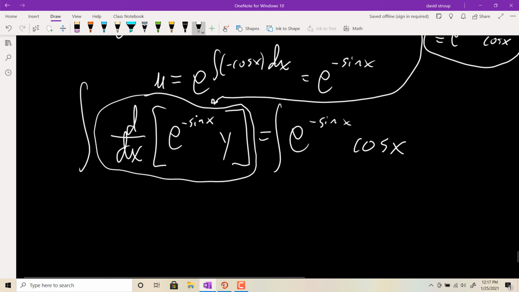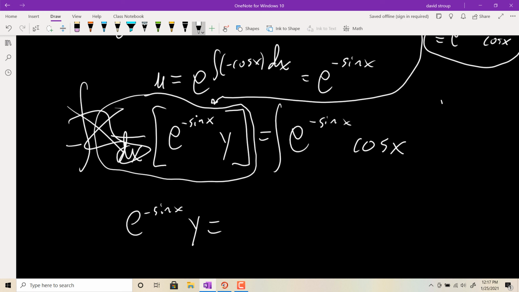Integrate both sides. On the left, the integral and the derivative kind of cancel each other. You just have e to the negative sine x times y. On the right, you got to do a u sub. So u for negative sine x, du will be negative cosine x dx. And then dx will be negative du over cosine x.